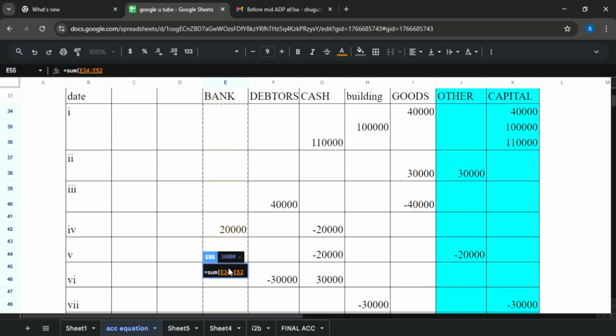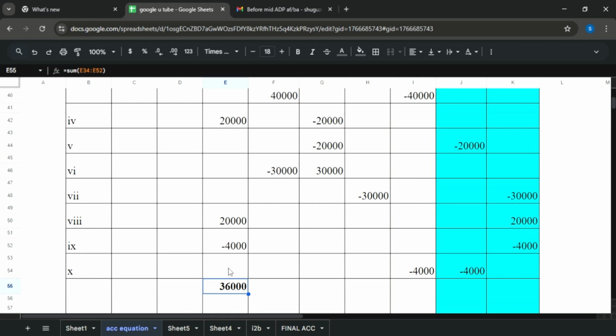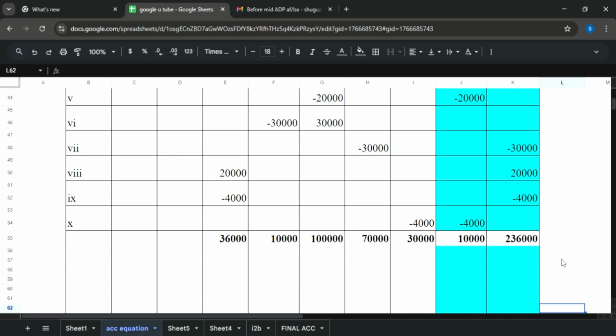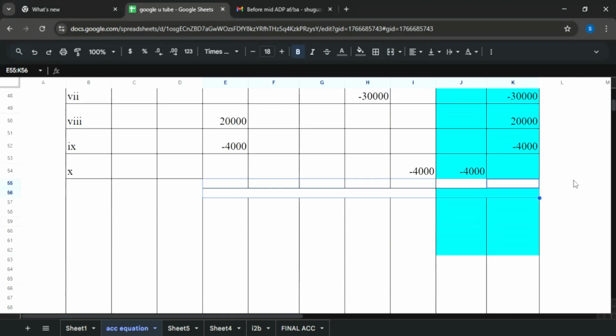So the sum of all these amounts I have written over here. In a similar way, we will take the sum over here. So guys, you have seen that the sum of all the columns we have calculated. At the end, what we will do, we will take the sum of all columns of asset side.